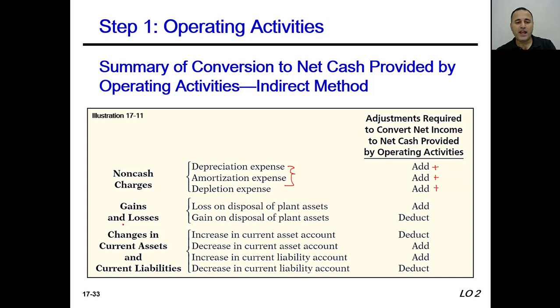Gains and losses: losses are added back, gains are deducted. Increase in current assets is deducted. Decrease in current assets is added. Increase in current liability is added, and decrease in liability is deducted.